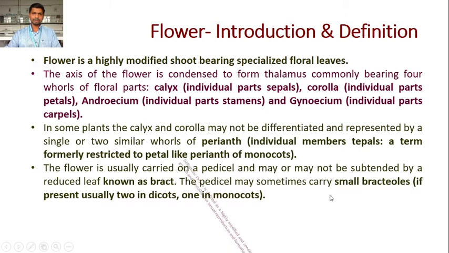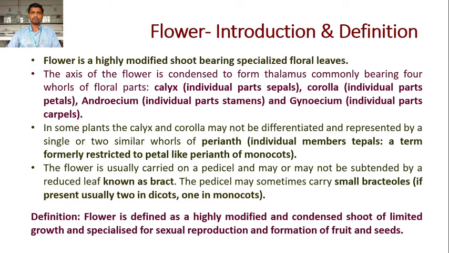Now the definition of the flower. The flower is defined as a highly modified and condensed shoot of limited growth, specialized for sexual reproduction and formation of fruit and seed. As you know, it is a highly modified, specialized structure, a condensed shoot of limited growth meant for sexual reproduction and formation of fruit and seeds.